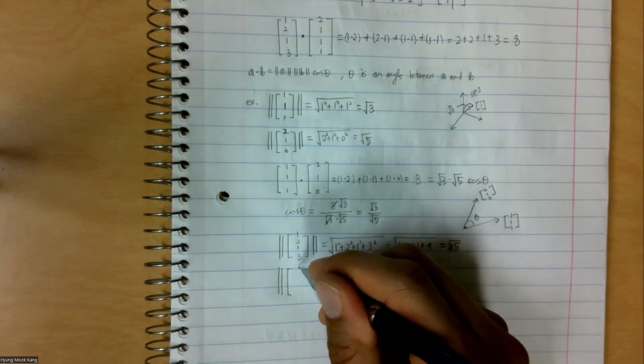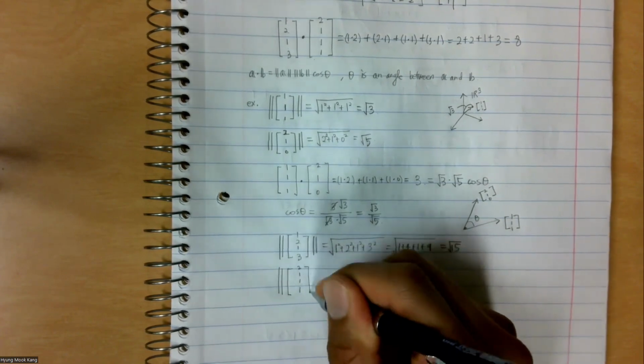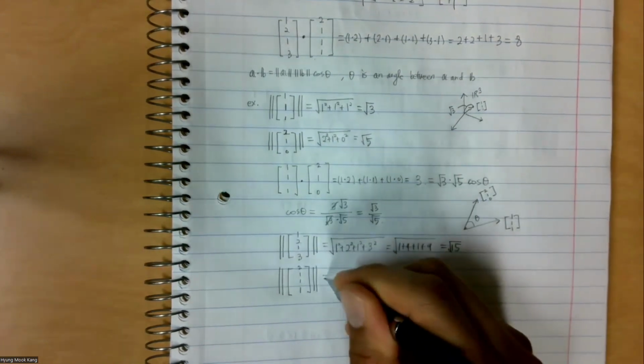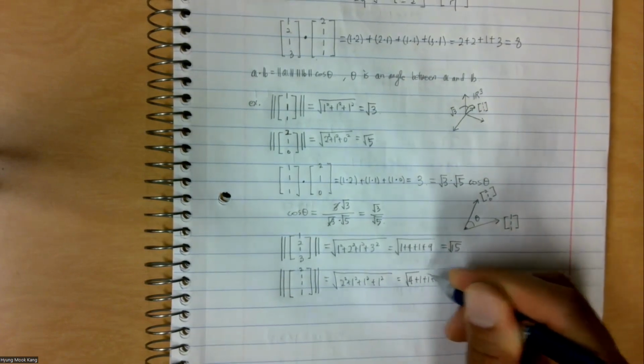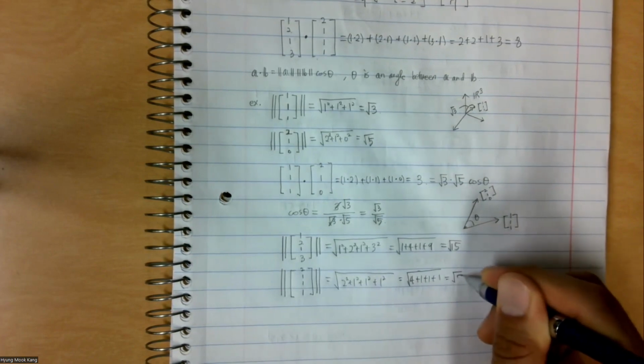So the length of 2, 1, 1, 1 is the square root of 2 squared plus 1 squared plus 1 squared plus 1 squared. So this is square root of 4 plus 1 plus 1 plus 1. So this is square root of 7.